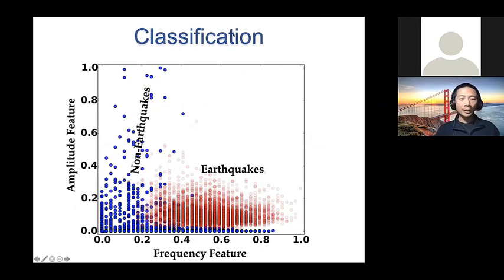So this is the two most useful features. One is the frequency feature, the other is the amplitude feature. Each of these dots shows you whether the motion in a 2 second window is due to an earthquake or a non-earthquake. The blue ones are the non-earthquakes, the red ones are the earthquakes. It's actually easy to explain the physics.